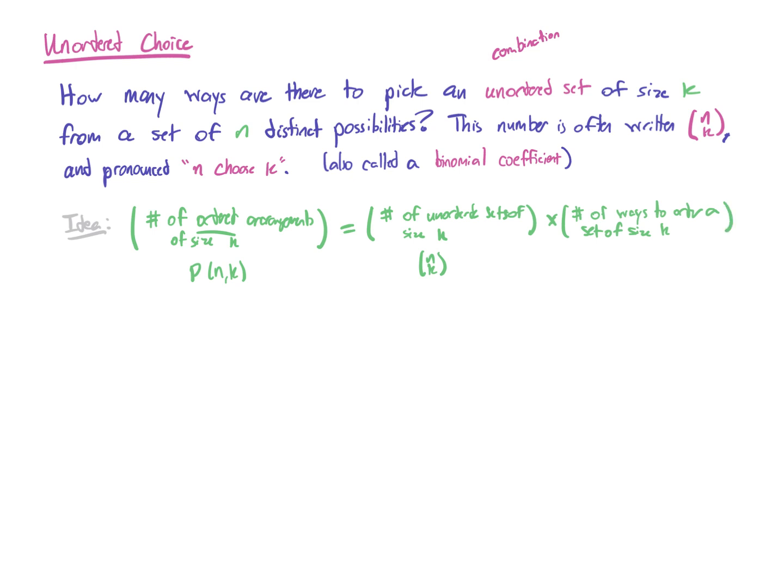And guess what? We know that too. That's just k factorial. So this means we can solve for n choose k in terms of two things we already know: the number of permutations of size k on n elements, and k factorial.